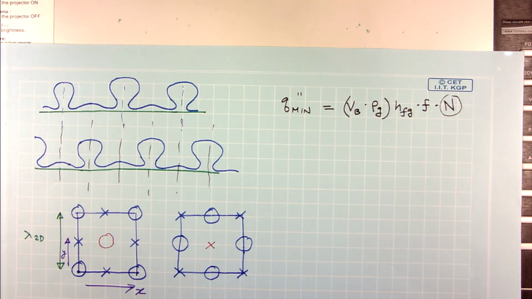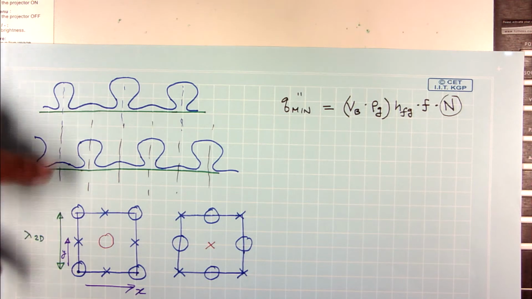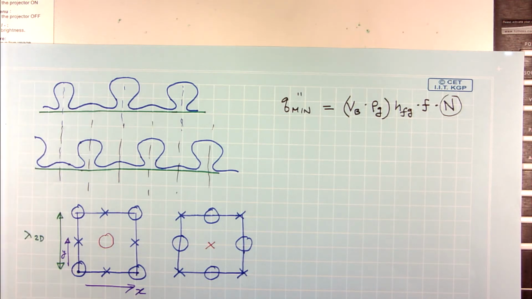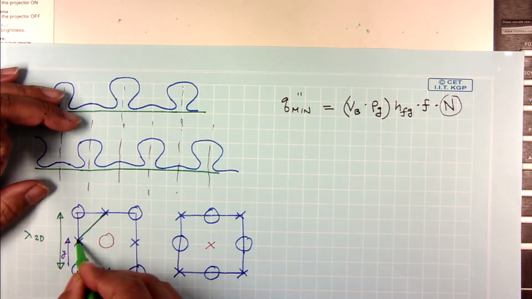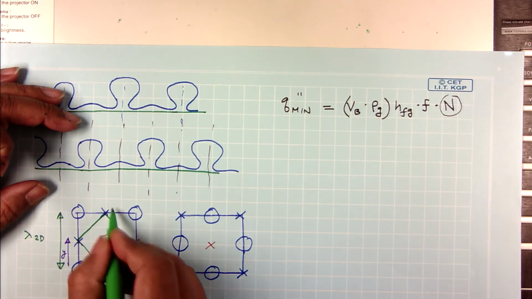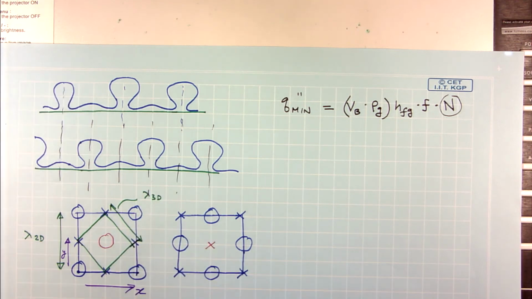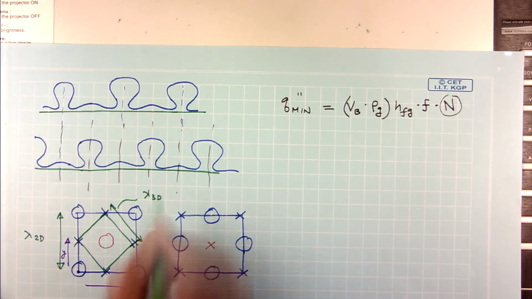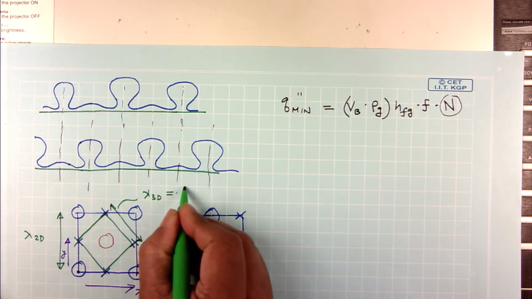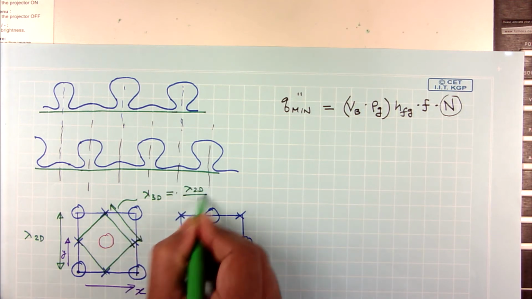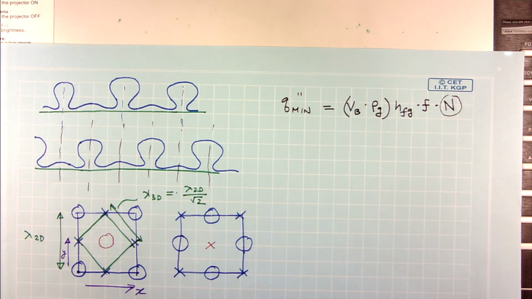Okay, so if you include a 3-dimensional instability, your heater configuration is actually this. And that is lambda 3D. Okay, and you can see lambda 3D is nothing but lambda 2D divided by root 2.